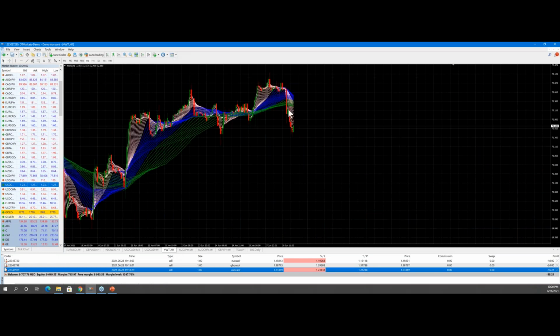You can see here, the pink was above the blue and green and now becomes below. So from here, maybe we can sell. And if the market goes again to the green and the blue, we can do another sell. So this could also be an opportunity for us. So let's do the WTI as well.